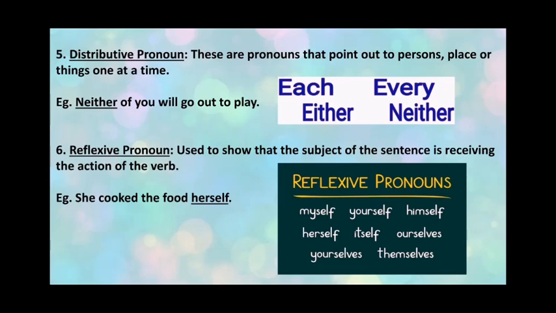For example, she cooked the food herself. So, you can see herself is the reflexive pronoun. So, it is showing the action that is being taken out by the subject. So, in this sentence, the subject is she.